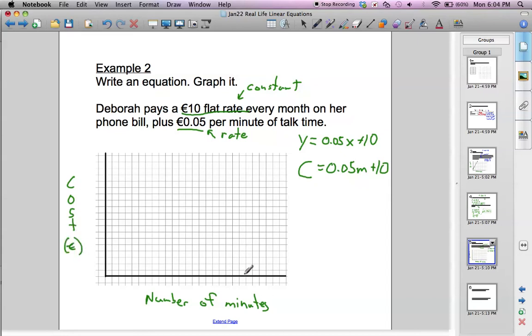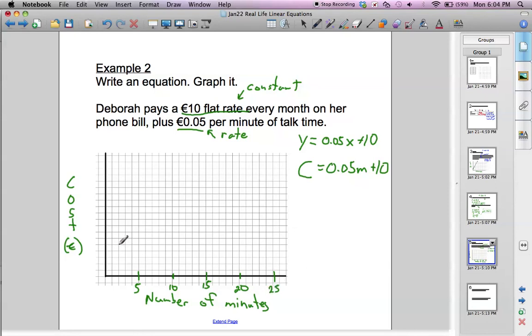Now we're going to have to mess around with the scale here a bit. We can have number of minutes down here go up by 1, I guess. 1, 2, 3, 4, 5. Okay, 1, 2, 3, 4, 5, so that's 10. 1, 2, 3, 4, 5, 15. 1, 2, 3, 4, 5, 20. 1, 2, 3, 4, 5, 25.